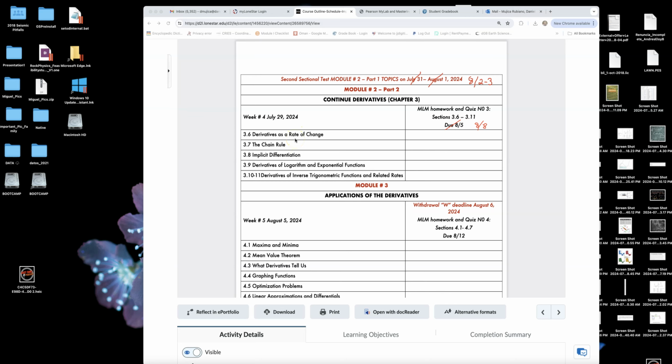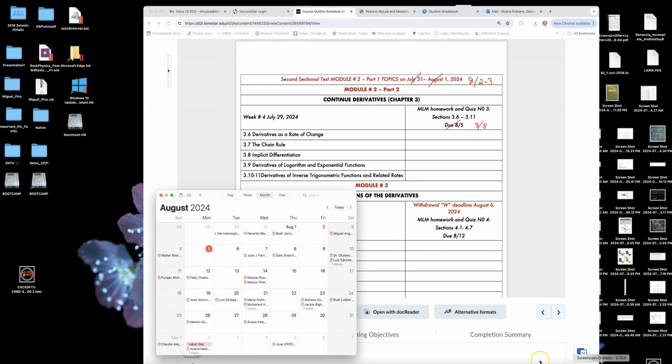One of the things that I want to comment here is that we assign homeworks and quizzes, so you have assignments for this portion of derivatives. That is the homework and quiz number 3 in MyLab Math. Those assignments are going to be due this coming Thursday, August 8th. Okay, so this is the new date.